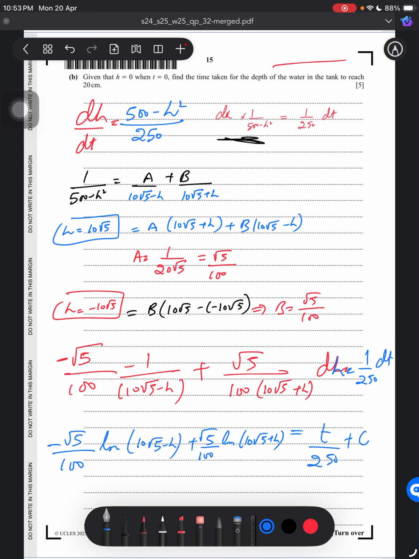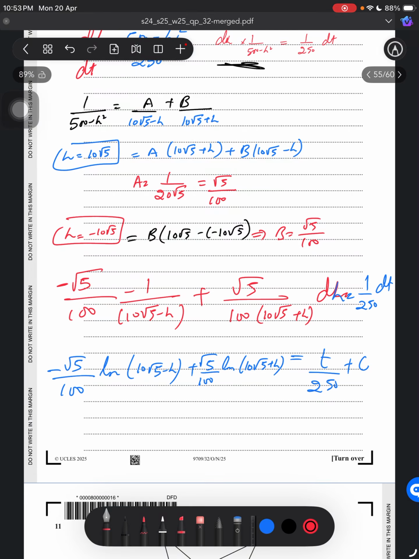So if t and h both are 0, ln of 0 is cancelled out, so 0 plus 0 plus c.